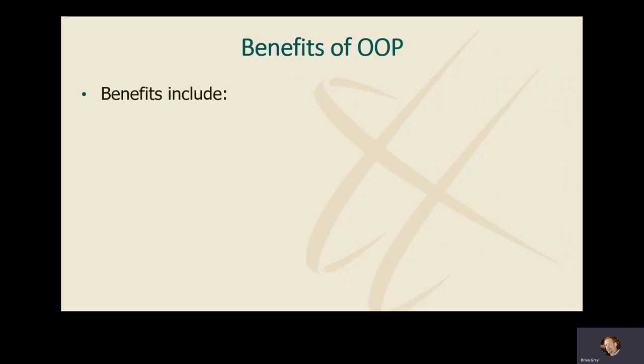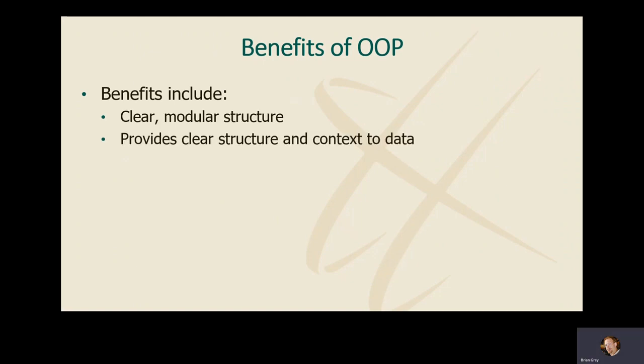So, benefits. What are the benefits? We have a clear modular structure, and clear structure provides context to the data. Right? We're going to have flexibility because these objects can be placed wherever. Aspects of the objects are flexible, and information inside of the objects have context. So you know not just what they're supposed to mean, but what they actually mean.